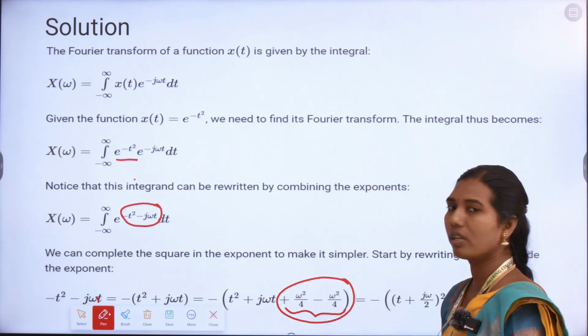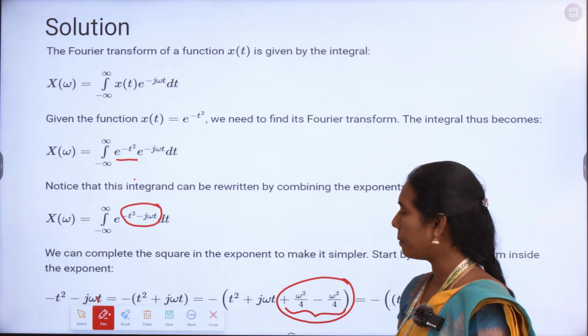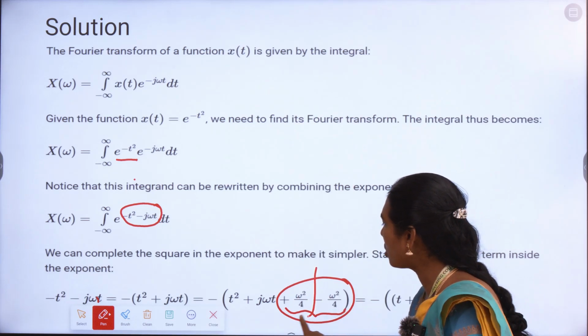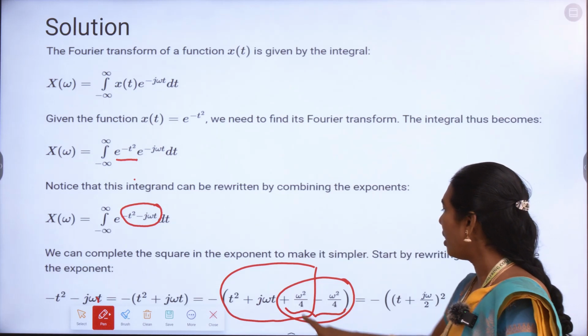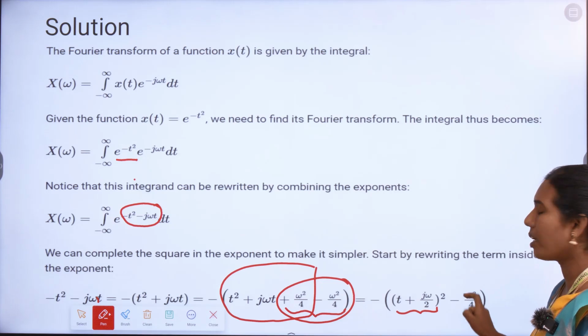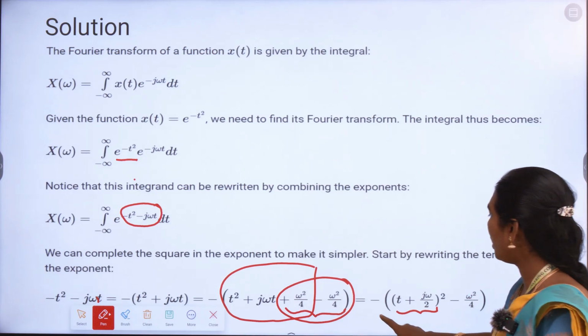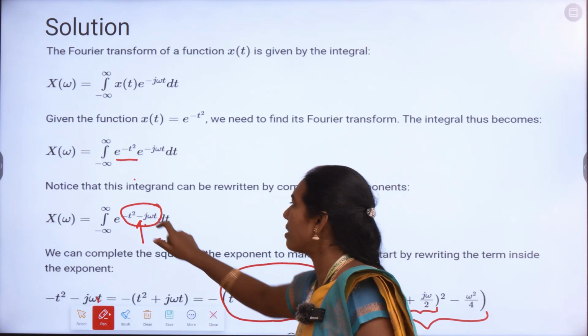These terms are included in order to make the expression simple. Now this is in the form of a plus b whole square, so it can be written as t plus j omega by 2 whole square minus omega square by 4. Now we need to substitute all this here.